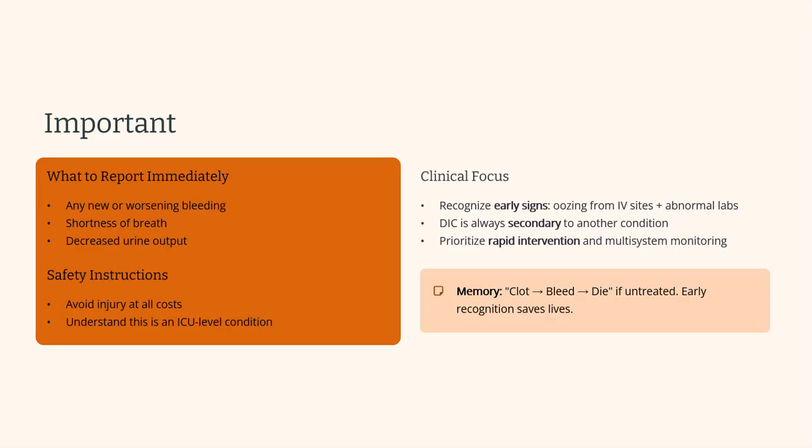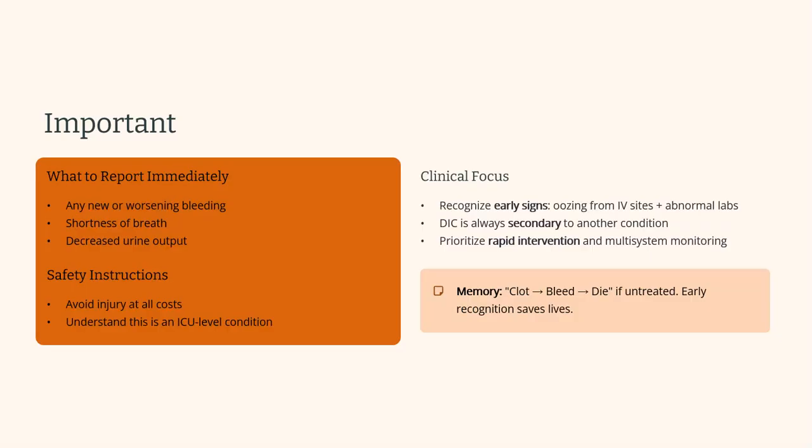So remember, it's important to report any new or worsening bleeding, shortness of breath, or decreased urinary output. We've got to make sure our patient stays safe to avoid injury and understand that this patient is very sick, so they're going to be cared for in the ICU setting. Clinical focus is recognizing early signs, which include oozing from IV sites and abnormal labs.